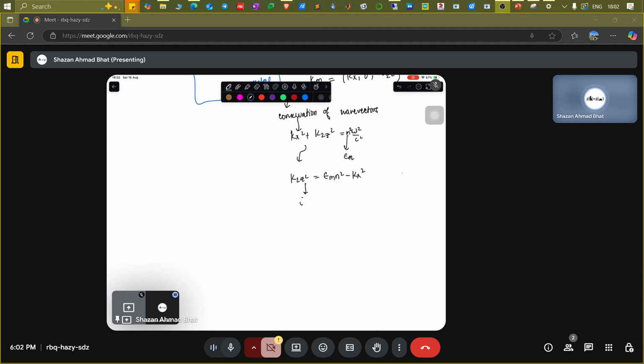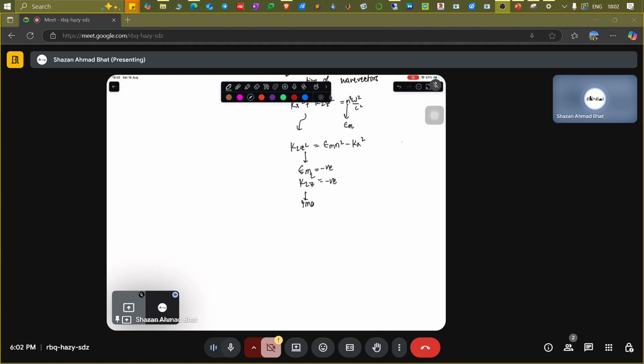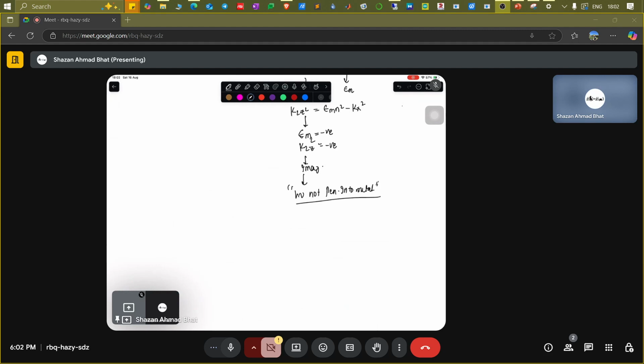That means if epsilon m becomes negative, k2z square becomes negative. That means it becomes imaginary. When it becomes imaginary, the light cannot penetrate into the metal. So what does this imaginary mean? It means losses, lossy terms.